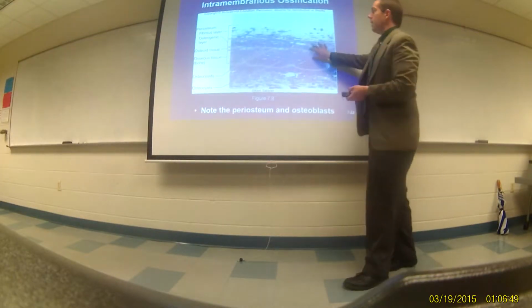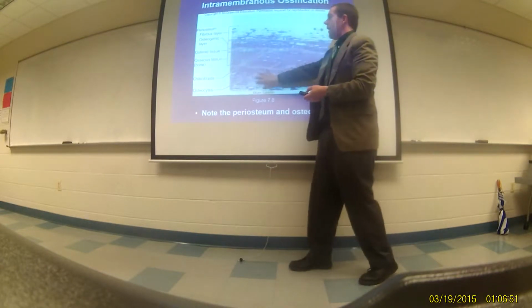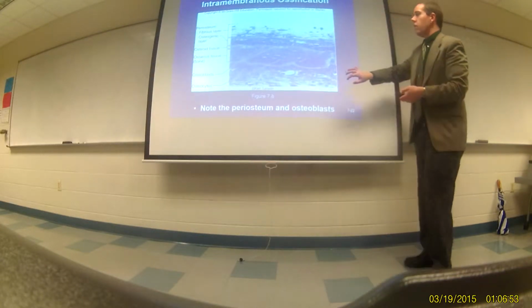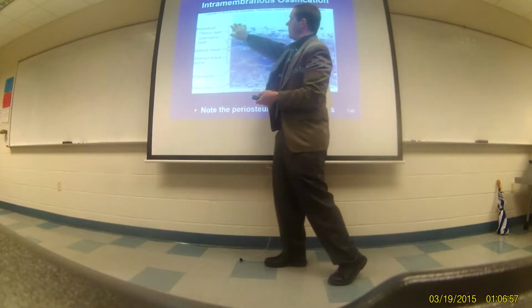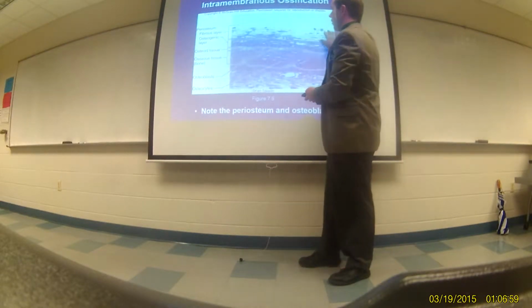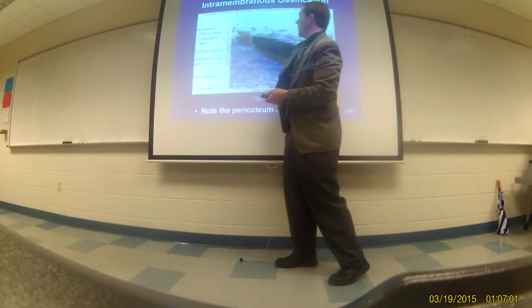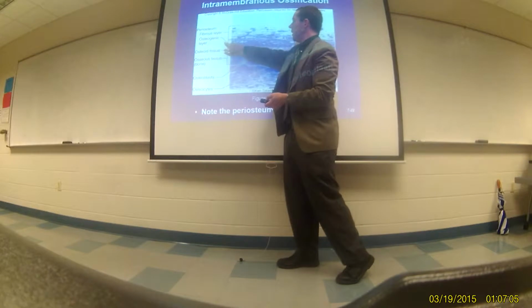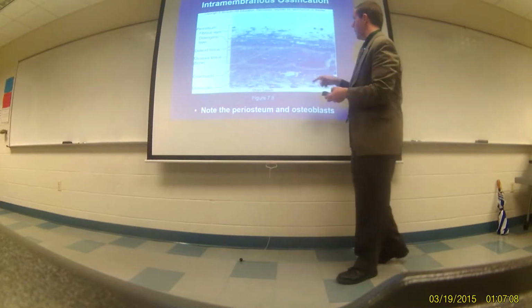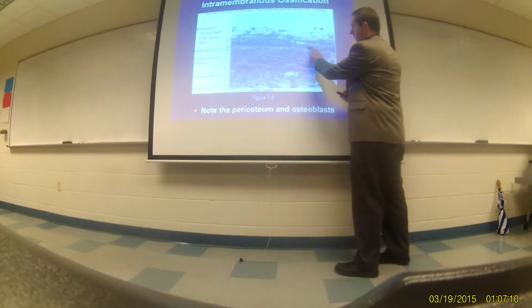This is the same idea, but this is an actual slide rather than a drawing. So what we see here is we have a periosteum on the outside, and so there are two layers here. There's just a fibrous collagen layer, and then down here we have the osteogenic layer. And so what you're seeing here are cells.